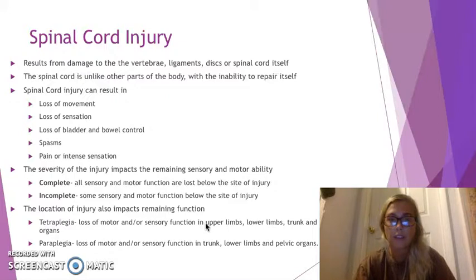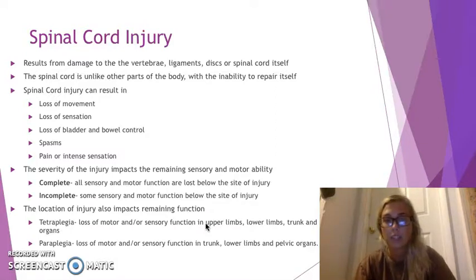The severity of the injury impacts the remaining sensory and motor ability, as well as the location of the injury. So a complete spinal cord injury is a loss of all sensory and motor function below the site of injury, and an incomplete injury is when some sensory and motor function still remains below the site of the injury.